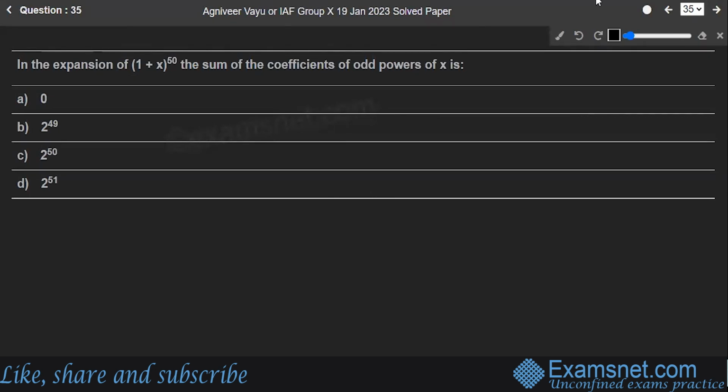Question number 35: in the expansion of (1 + x)^50, the sum of the coefficients of the odd powers of x is. The general formula for (1 + x)^n is nC0 x^0 + nC1 x^1 + nC2 x^2 and so on till nCn x^n.